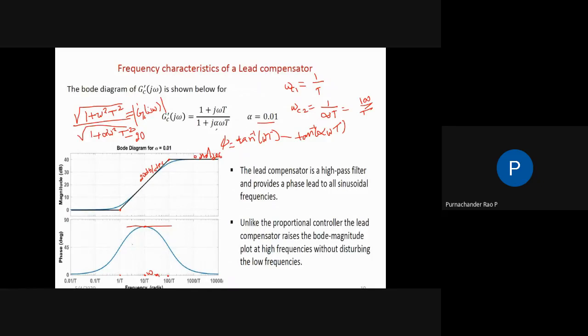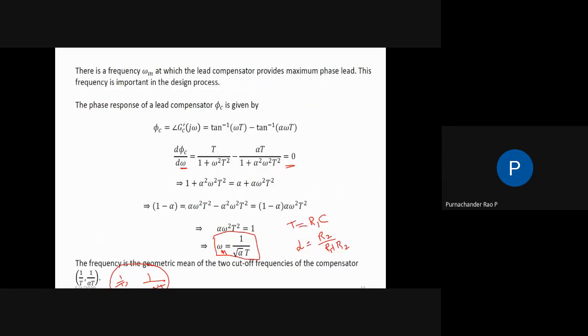This phase lead compensator provides a positive phase angle to all the sinusoidal frequencies, and it acts as a high pass filter. So we need to find at which frequency the maximum phase lead phi m occurs in the system.